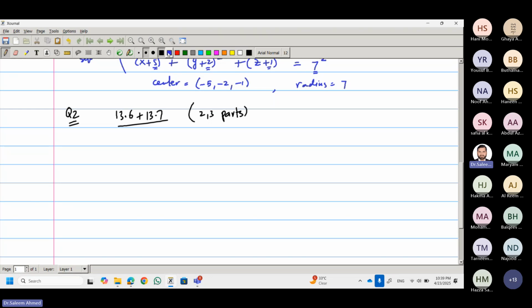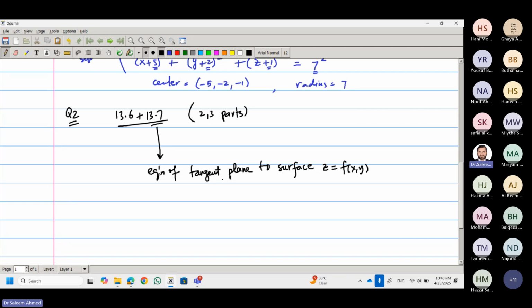In 7, these are equation of plane which is tangent to the surface, right? Equation of the tangent plane to the surface, or plane tangent to the surface, or you can say equation of tangent plane to the surface z is equal to f(x,y), right?